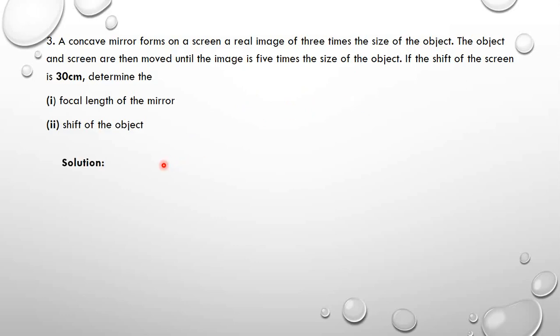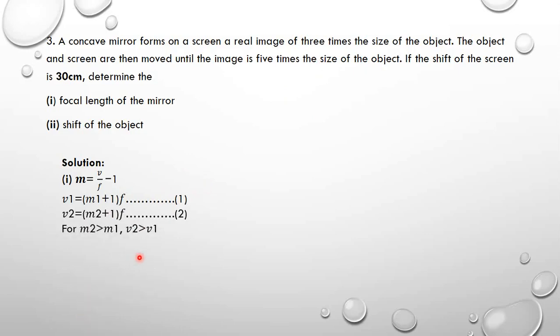So we shall do the same thing using m is equal to v over f minus 1. We shall make v the subject. So we shall have v1 is equal to m1 plus 1 times f, and then v2 is equal to m2 plus 1 times f. This time round, we also know that m2 is greater than m1, and so v2 is greater than v1, and therefore we shall subtract v2 minus v1, which is going to be equal to 30.